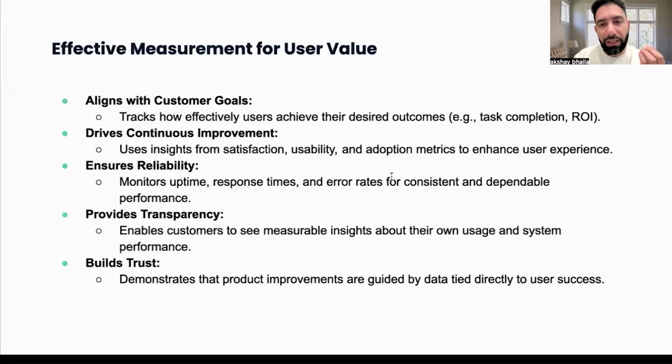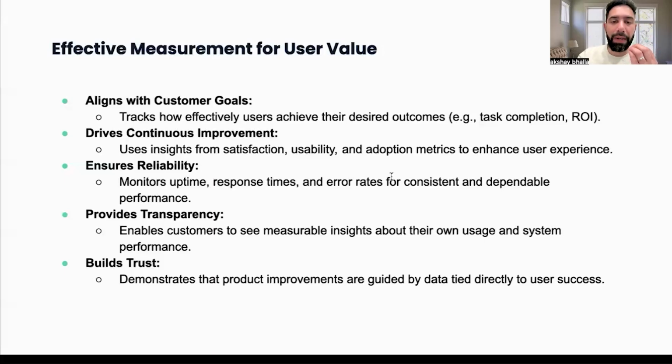It also provides transparency. And a great example of this is an observability tool. So when a user can track the system's performance and usage metrics in real time, they feel empowered and in control, making your product even more valuable to them. And I personally know because I'm working on one of such products and I can see the value that it is driving for the users.